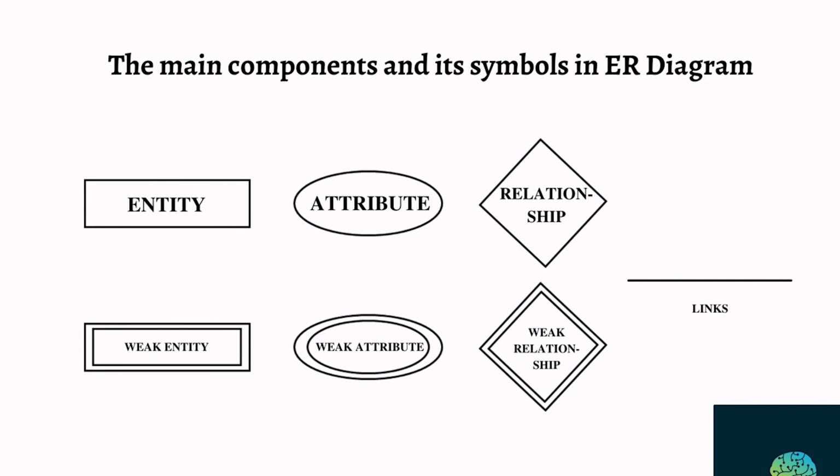Then the lines represent the relationship. That is, if there is a one-to-one relationship, one-to-many relationship, or many-to-many relationship, whatever. So lines represent those kinds of relationships. Entity set. An entity set is a collection of similar entities.